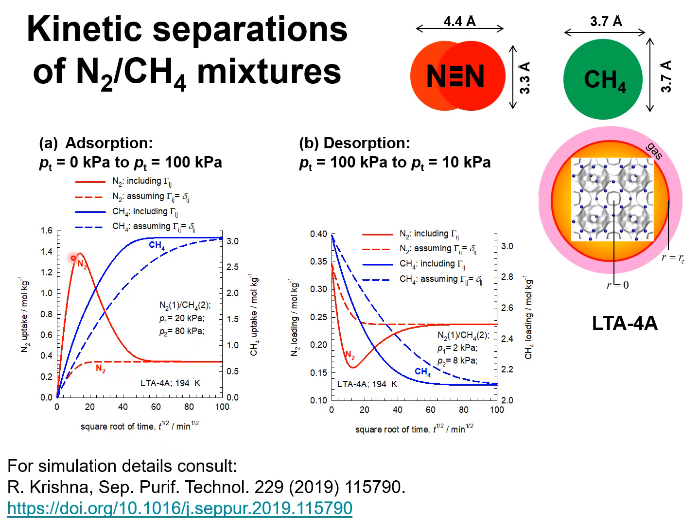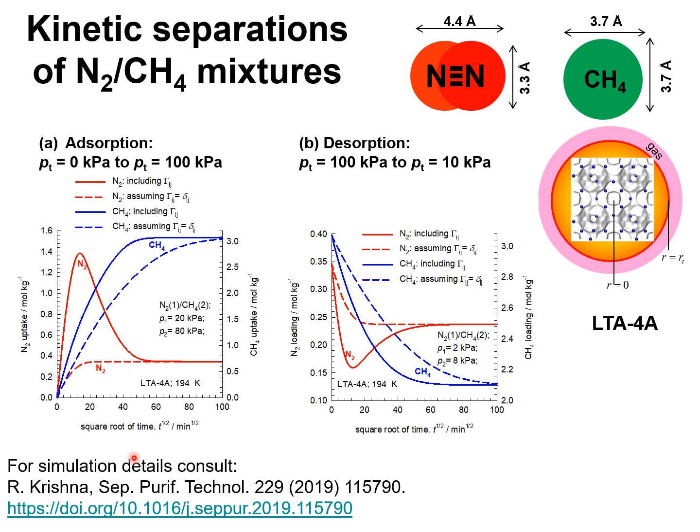The continuous solid lines are the simulations of the transient uptake using the Maxwell-Stefan diffusion equations. Including thermodynamic coupling, we note that the transient uptakes show an overshoot in the nitrogen loading, and this overshoot disappears when we ignore thermodynamic coupling effects.